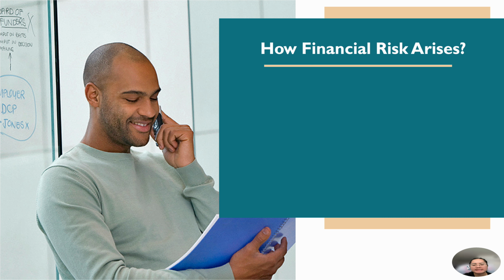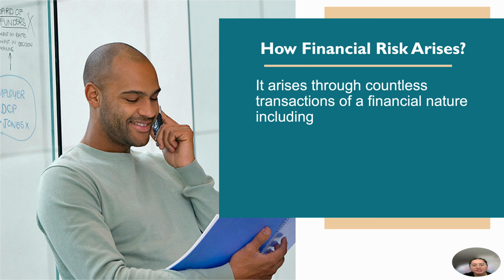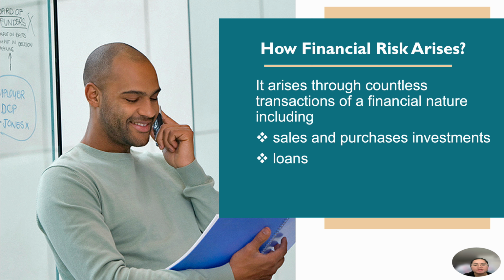How does financial risk arise? Financial risk arises through countless transactions of a financial nature, including sales and purchases, investments, loans, and other various activities. It can occur as a result of legal transactions, new projects, mergers and acquisitions, and debt financing.